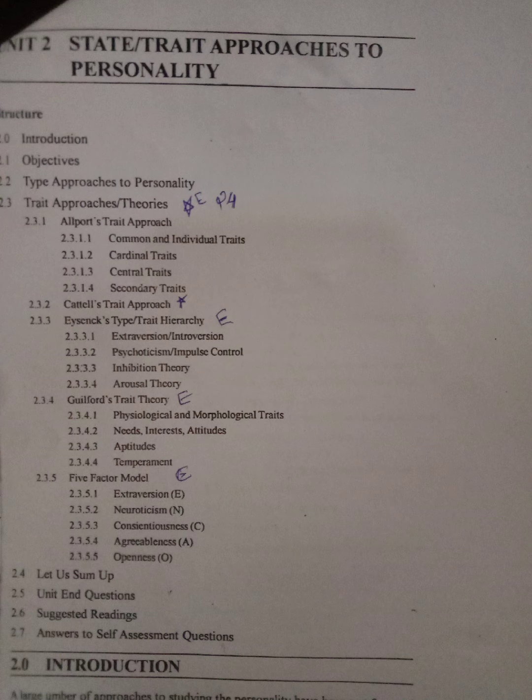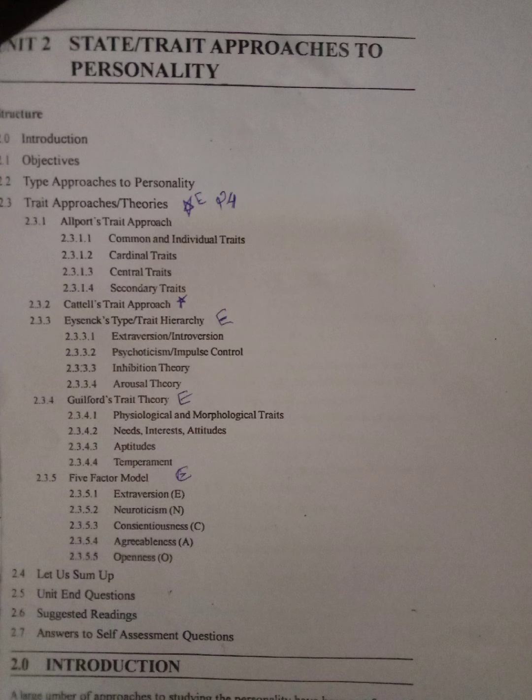Eysenck divided two major factors as dimensions of personality: extroversion and introversion, neuroticism and stability. Next is psychoticism and impulse control.